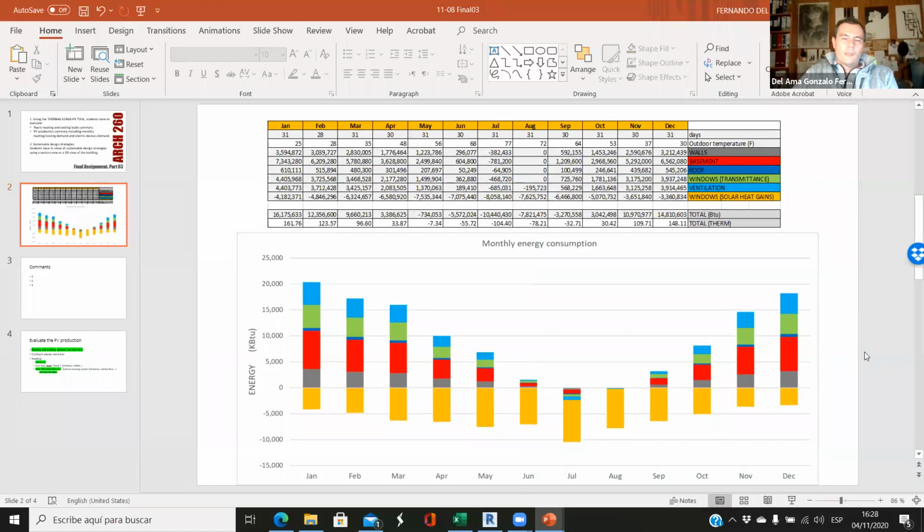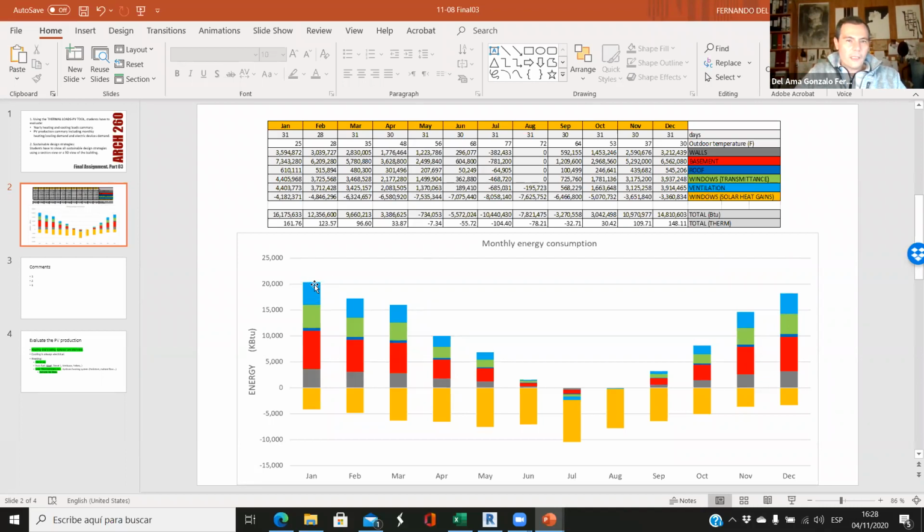With this information, just by looking at this, we can understand, and we have a color code as well. Here we can understand that in winter, most of our heating loads come from the basement. And the second is the ventilation.